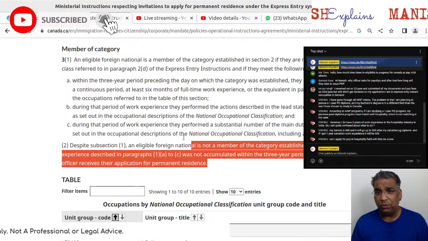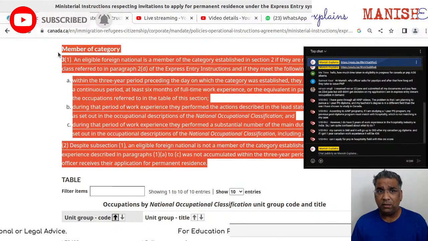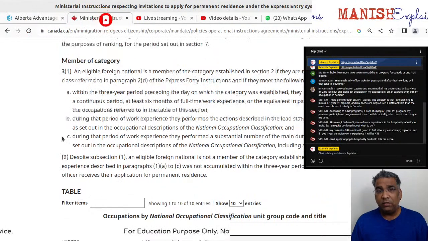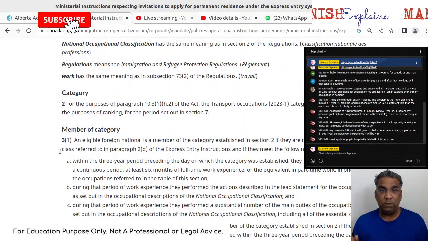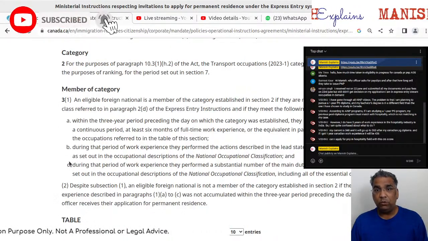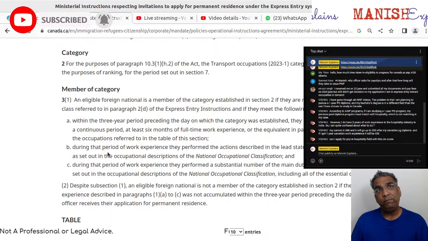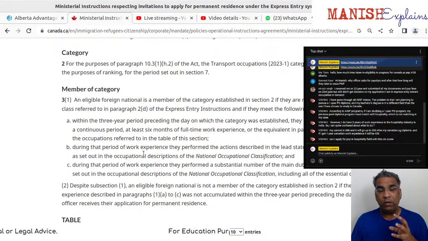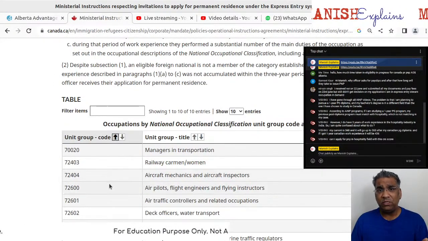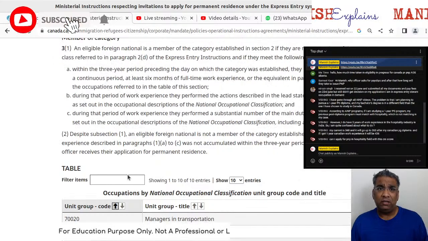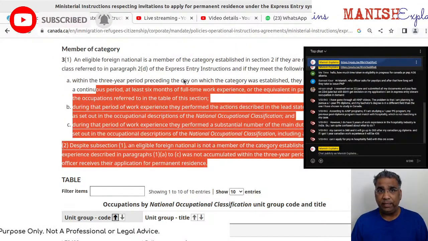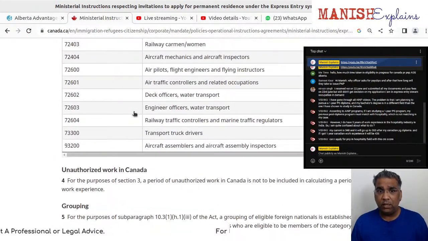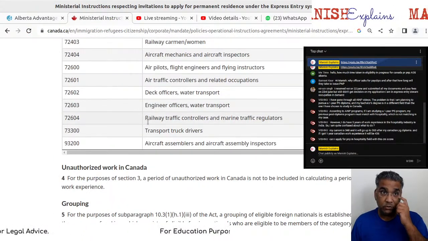You can go through this text, what is required, what was looked into in the applications for this particular draw. So if your Express Entry profile has the NOCs but you're still not getting an ITA, it might be due to some of the conditions that were not met. There are some additional conditions applied apart from the NOCs here.